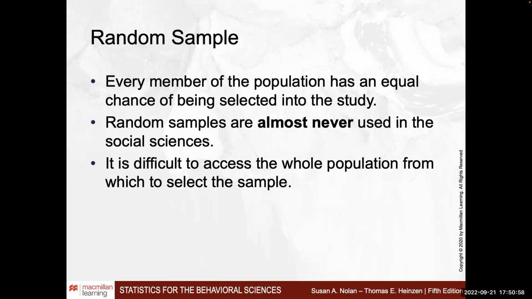So random samples are almost never used. It's mostly a convenient sample because you need to find somebody who actually is willing to sit down with you and go through a 30-item questionnaire. That also requires time, which also renders a convenient sample easier to study. It's difficult to access the whole population, and therefore you need to determine how you select your samples.